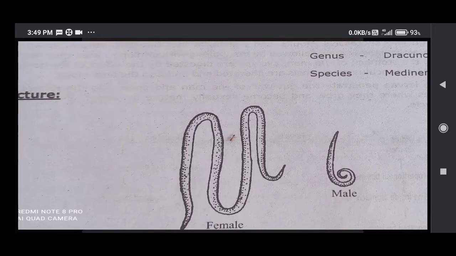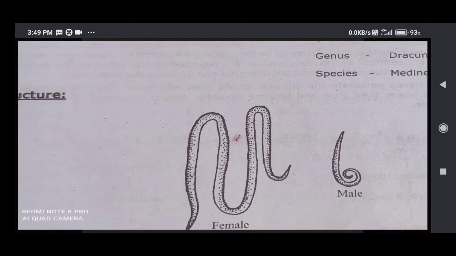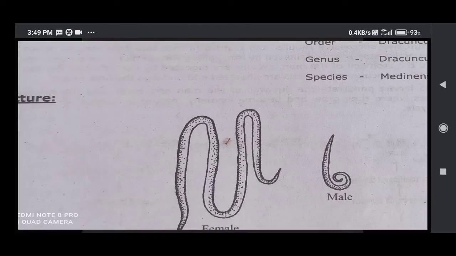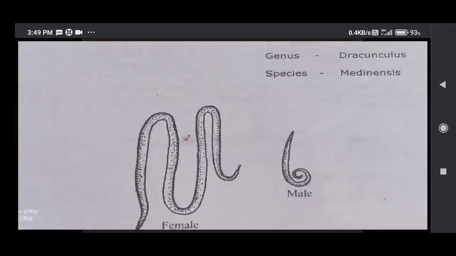The male has copulatory organs, and the male tail is spirally coiled. The male and female show remarkable sexual dimorphism in size only.